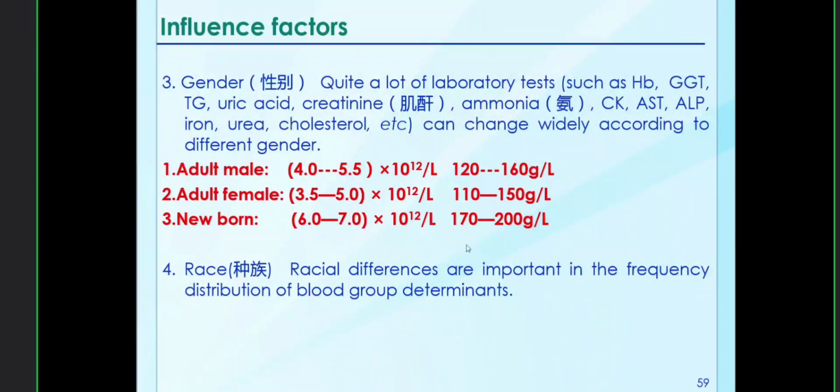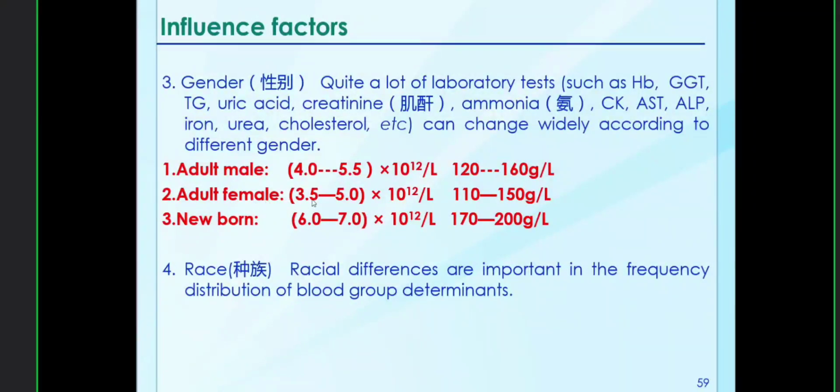For example, the reference value for the adult male RBC is 4 to 5.5 multiplied by 10 to the 12th power per liter. The reference value of hemoglobin is 120 to 160 grams per liter.